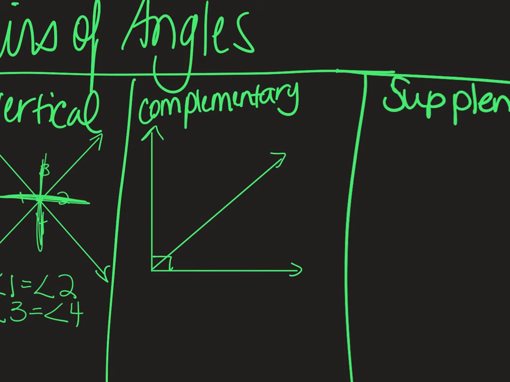Now, here we have angle 1, angle 2. Notice you have your square that indicates that is a 90-degree angle. So if you add angle 1 and angle 2, you're going to get 90 degrees. That makes sense? We talked about this last year.